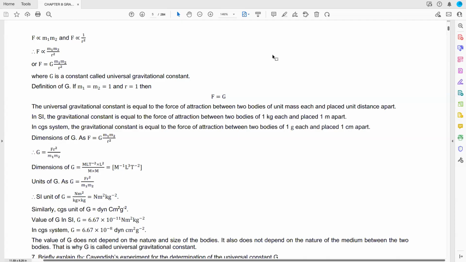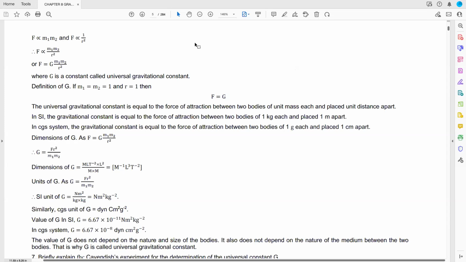Rearrange and see. So it's Newton meter square per kilogram square, kg square, sir.